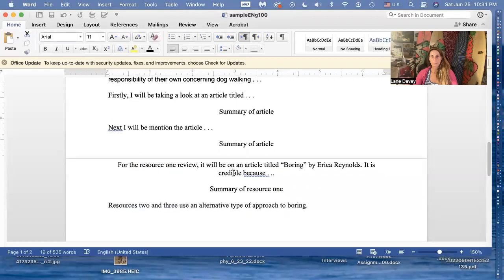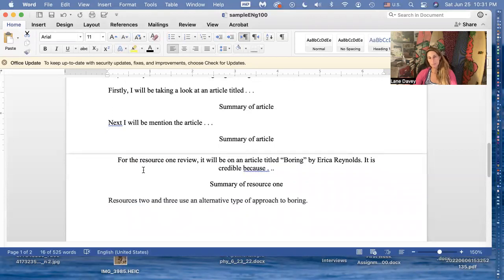So this is a worse example. In the research paper, I had someone say, for the resource 1 review, it will be an article of this, and for the resource 2, and that wasn't even appropriate for that assignment.